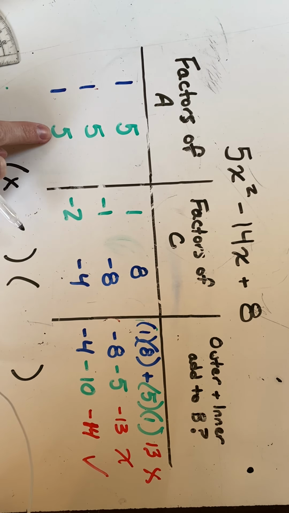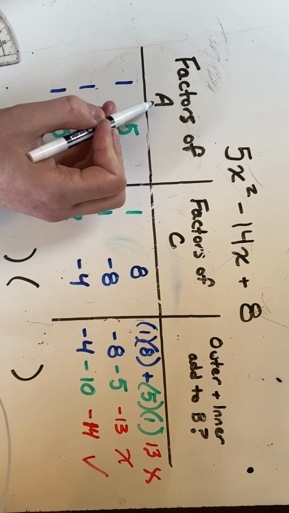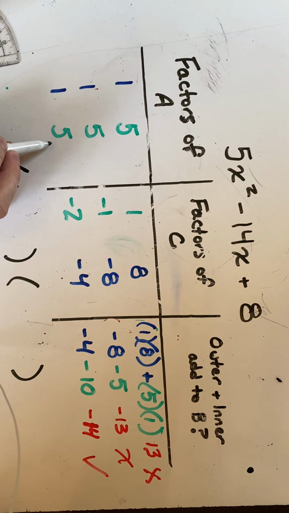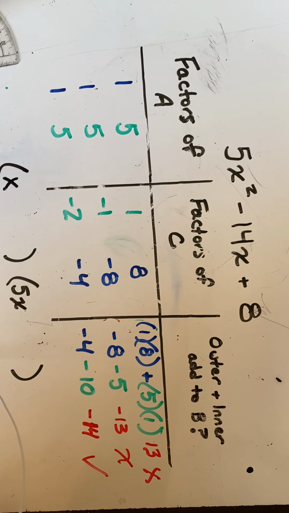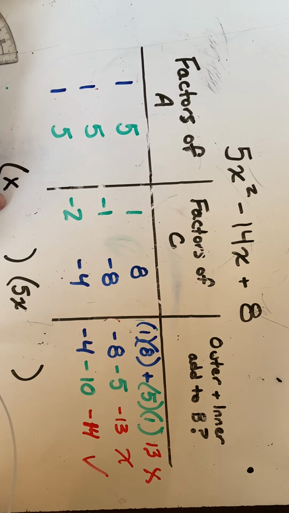My 5 over here, because this is a factor of a, my 5 comes to here. And again with the x. So 1x to here and 5x to my second set of parentheses.